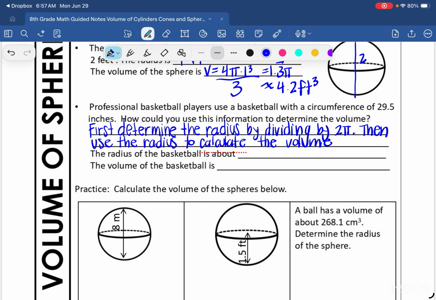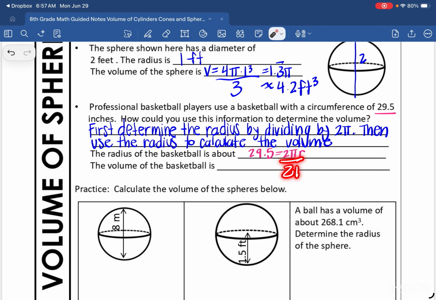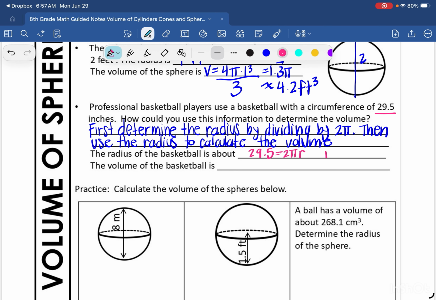The radius of the basketball is, I know the circumference is 29.5, and that equals 2 times pi times r. So if I take 29.5 and divide it by 2 pi, that's going to give me the radius. So 29.5 divided by 2 pi, the radius is equal to 4.7 inches.